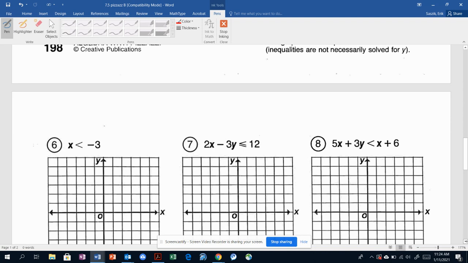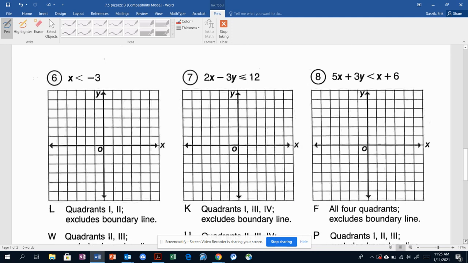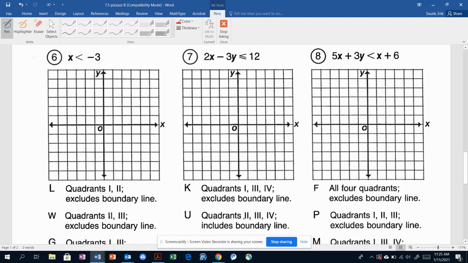I'm going to do number 7. And this one here, you'd have to subtract 2x from both sides. So I have negative 3y is less than negative 2x plus 12. Divide. Now you got to be careful here. That's why I'm doing this one.